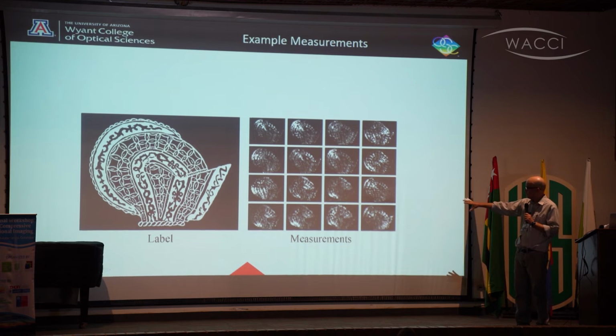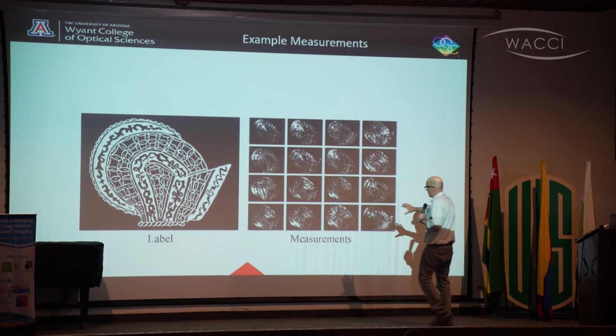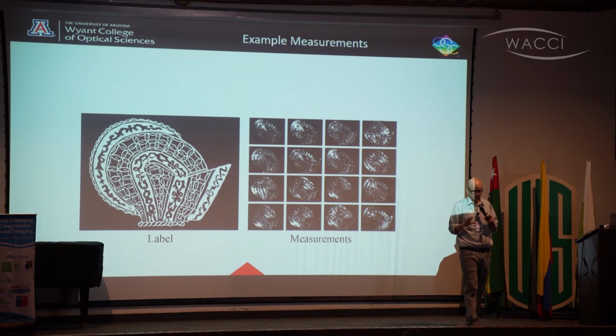This is an object that we put on the spatial light modulator. And actually, we were doing phase-only objects. So the objects are presented in binary phase, either plus or minus pi for each point in the object. What you see, of course, is that these are the 16 images we take of this object, and the images don't look the same.